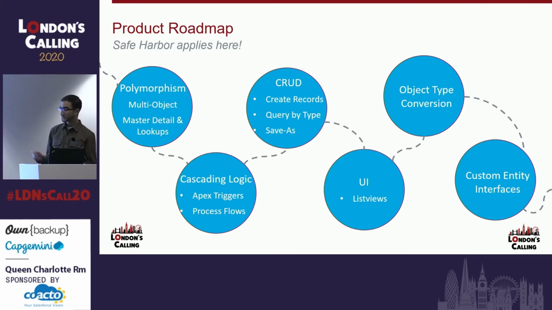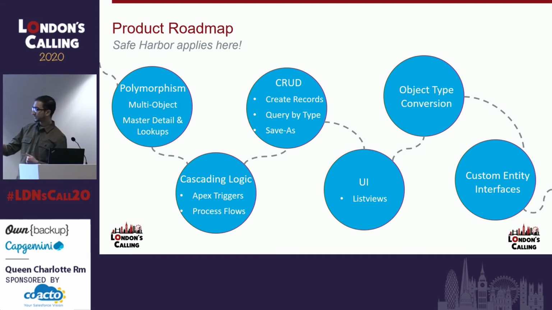When this feature comes on the roadmap, multi-object master-detail will be available. If you have a custom object with a master-detail relationship to the entity interface, and the entity interface has any standard implementer, such as account, lead, case, or opportunity, that standard object will act as a detail in a master relationship of that custom object. Isn't it a cool, powerful feature?